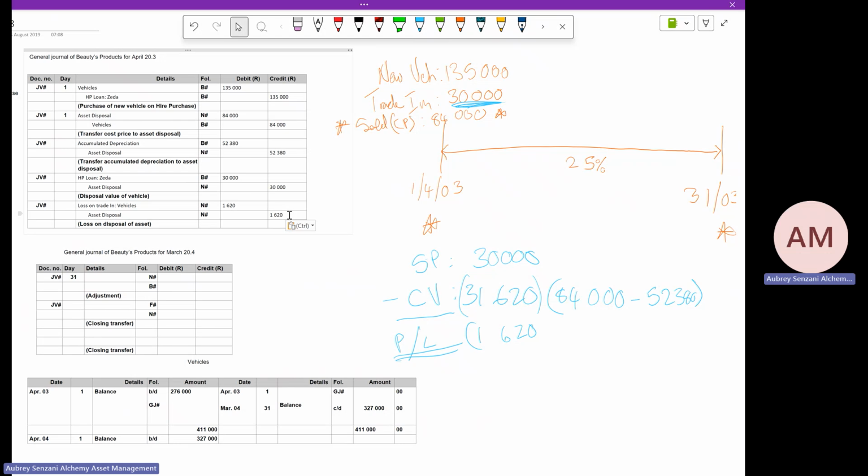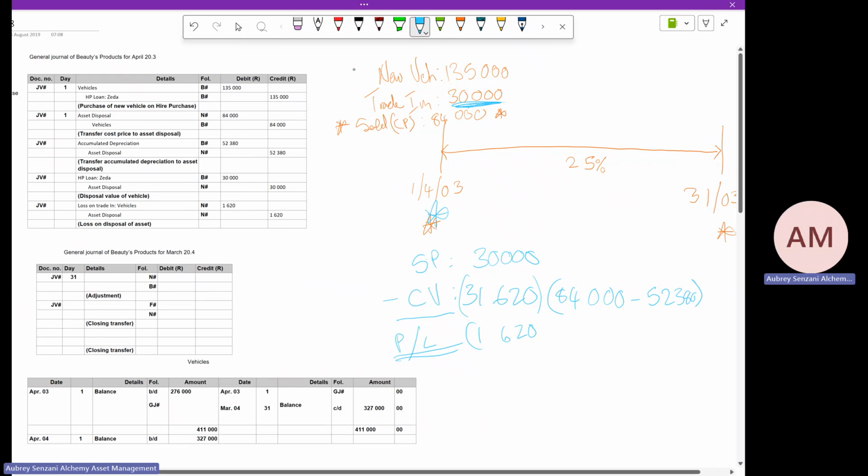So we have basically recorded the disposal of this particular asset, which happened on the 1st.